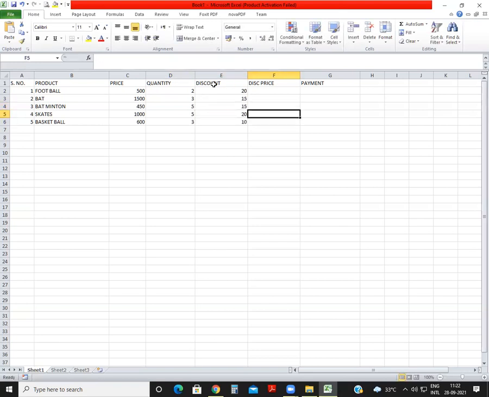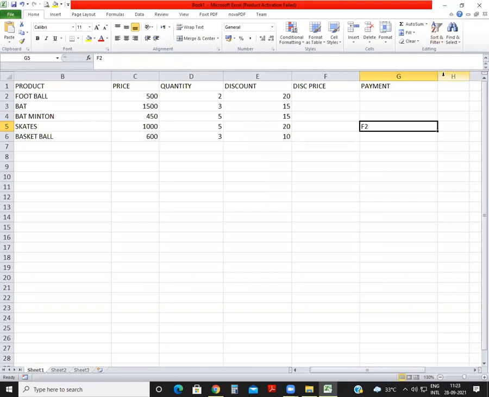It's a percentage, so 20 means 20%. You can mention that here also. Suppose you want to edit something. You wrote 20 there, but you want to edit this cell. How can you do it? Double click here and you will get the option to edit. Otherwise, simply click here and press F2 on the keyboard.